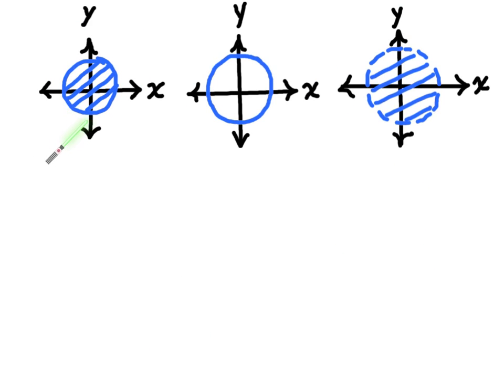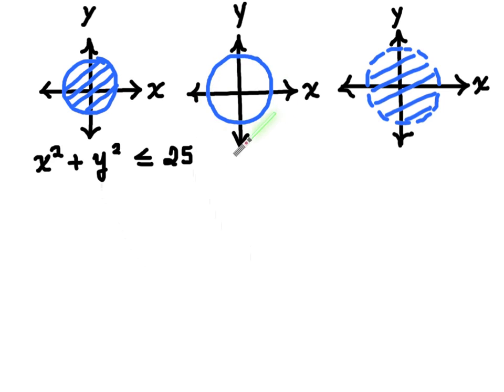In this first graph, we have a graph of the equation x squared plus y squared is less than or equal to 25. We can see that the boundary here is a circle, and the circle has a radius of 5.